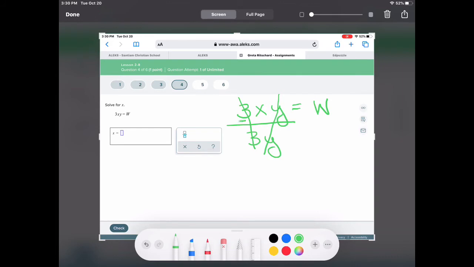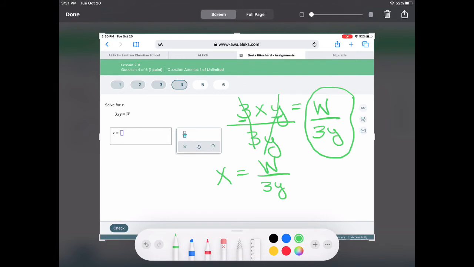So we're getting rid of 3, we're getting rid of y. We could do it separately, but that's even messier, and I think it's okay to just do this. Notice we've created this thing over here, and we're just going to keep that thing. So we're going to have x equals a big W over 3y. We need to type that in the answer.